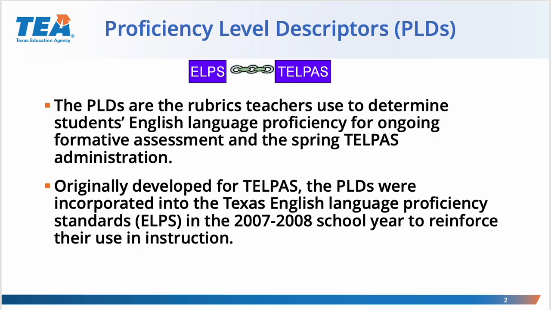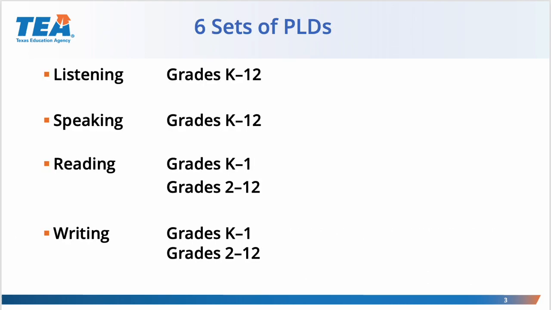Obviously, you guys are familiar with the proficiency level descriptors because that's the rubrics that you all used in your first calibration attempt. And so, those rubrics, lucky for us, they've been around for a while and haven't been revised. And so, it's important to look at those very closely as we're going through the calibration.